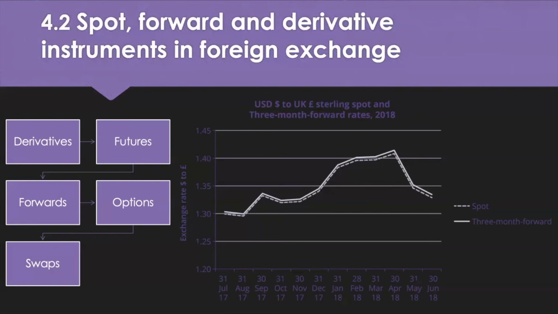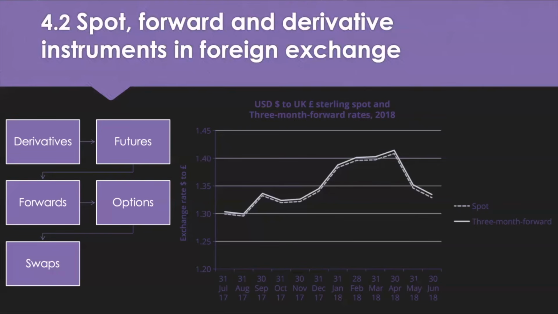And then a swap is an agreement that's made between two parties to exchange money on a predetermined date or multiple dates. Normally, one party pays a fixed rate while the other party pays a floating rate. Unlike standardized options, swaps are not exchange-traded instruments.